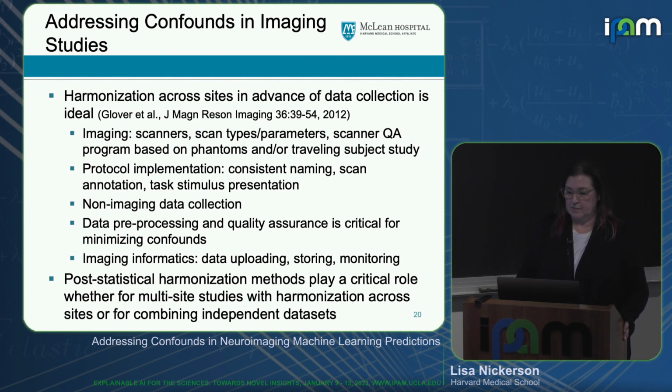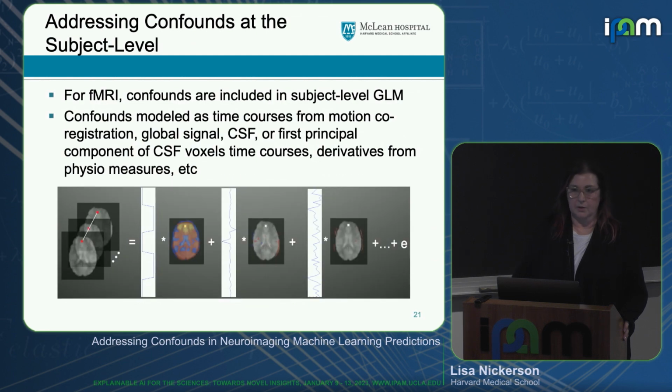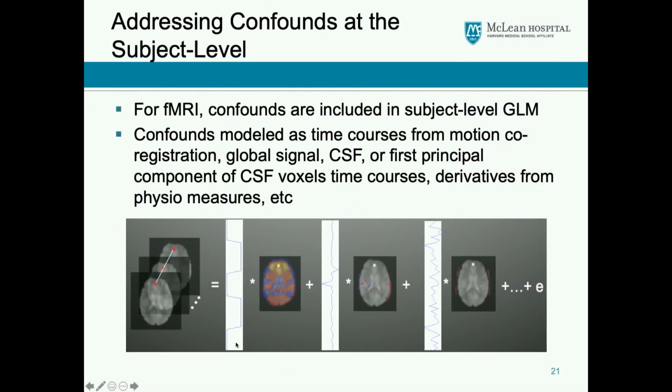Confounds are generally addressed at all levels of analysis. So it starts, again, at the first subject level analysis. For fMRI, confounds are usually included in that subject level GLM. So in addition to the task regressor that you might have in your general linear model, you also include temporal courses of whatever confounds you're going to model.